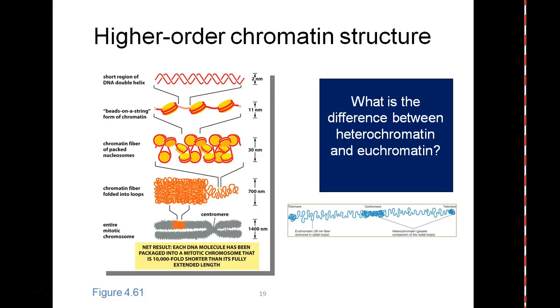So when we talk about chromatin, we often like to distinguish two main fractions. So we talk about heterochromatin and euchromatin. Are you familiar with those terms? Is there a difference between heterochromatin and euchromatin?